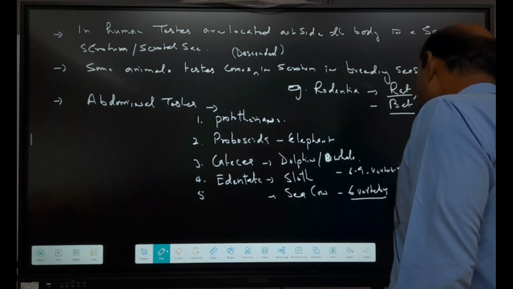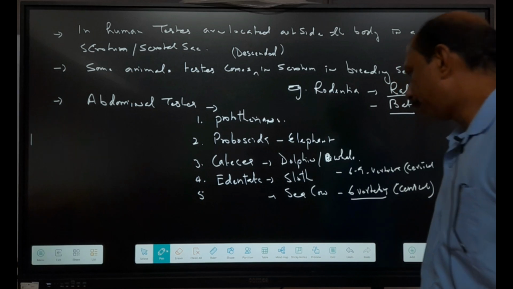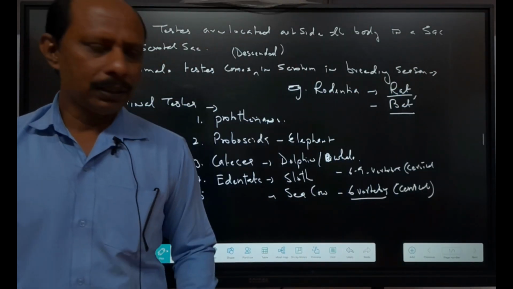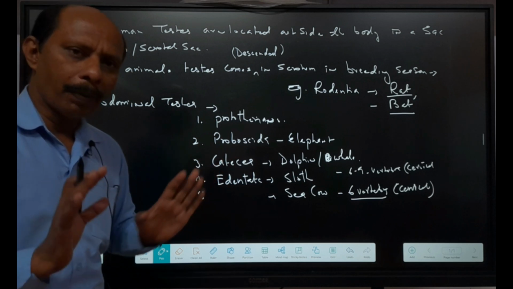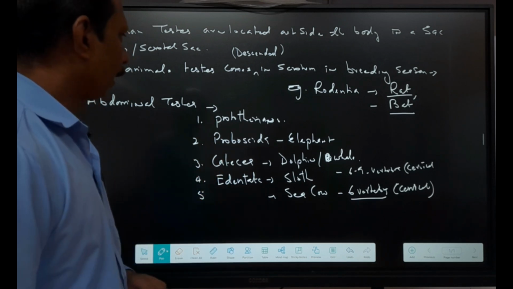These are specific features which can be asked. So these are animals in which the testis is permanently located inside the abdominal cavity.